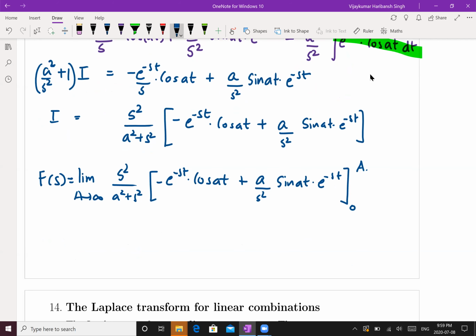Now let's compute this limit, as a goes to infinity.